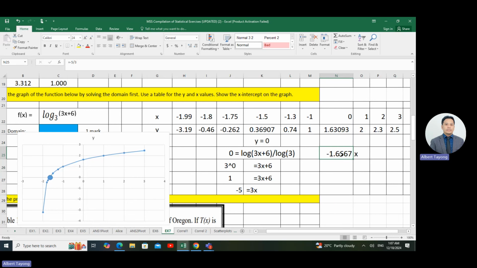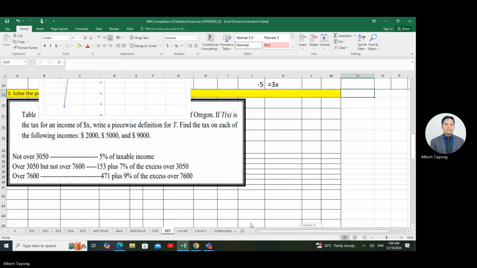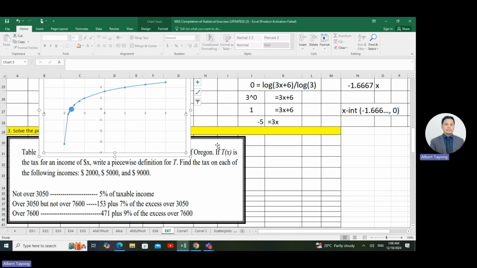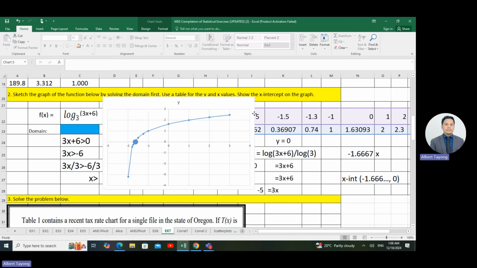So our x-intercept is negative 1.666, comma 0. Okay, so this one is negative 1.666 or negative 1.7 approximately. This point here, comma 0, because our y is 0. Okay, the next one here is an example of a piecewise defined function.